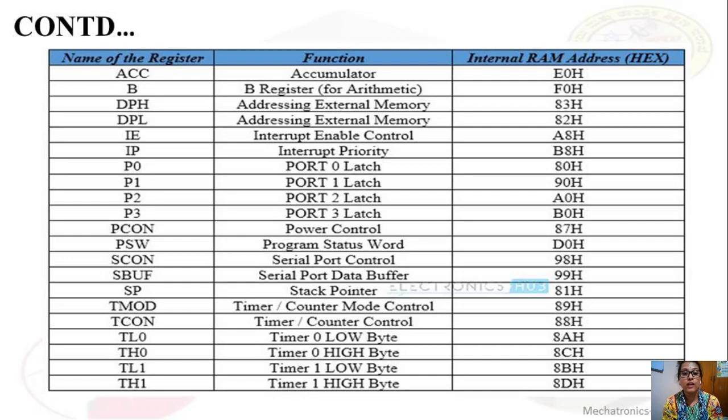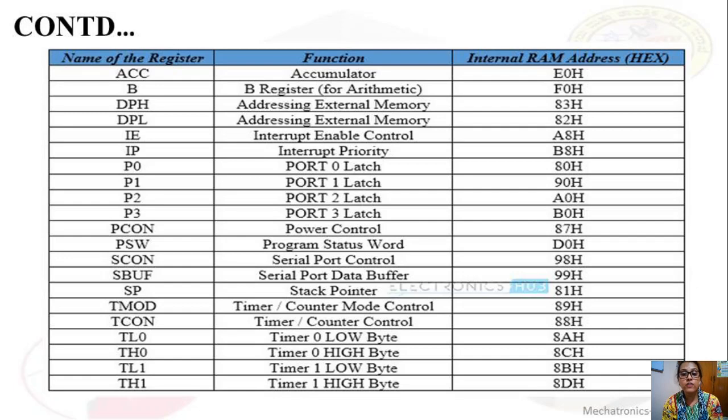Next, stack pointer, then TMOD, timer counter mode control, TCON, timer counter control, then TL0, TH0, TL1, TH1, that is timer 0 lower byte, timer 0 higher byte, timer 1 lower byte, timer 1 higher byte.